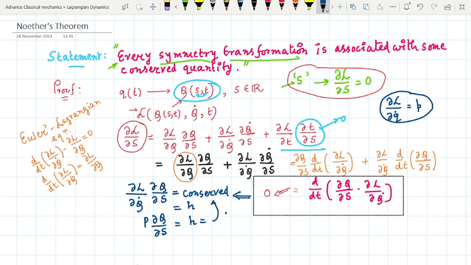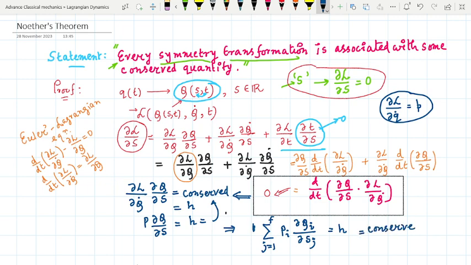For considering all the coordinates, the total quantity, that is the sum over j equal to 1 to degrees of freedom f of p_i ∂q_i/∂s_j is equal to H, which is conserved.